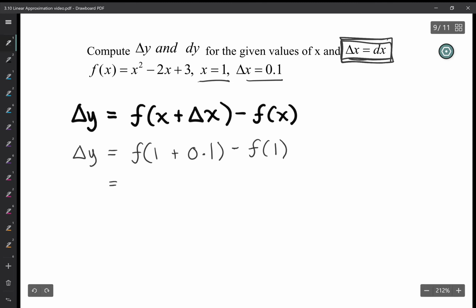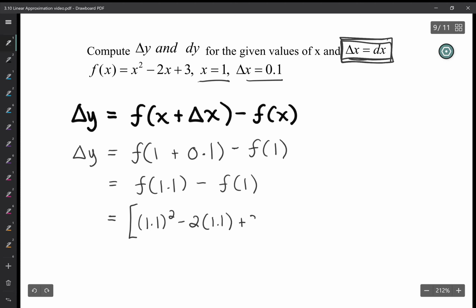So we need to find f of 1 1/10 minus f of 1. So we'll need to substitute into our function twice. First to find f of 1.1. So we have 1.1 squared minus 2 times 1.1 plus 3 minus, now we'll find f of 1, which is equal to 1 squared minus 2 times 1 plus 3.